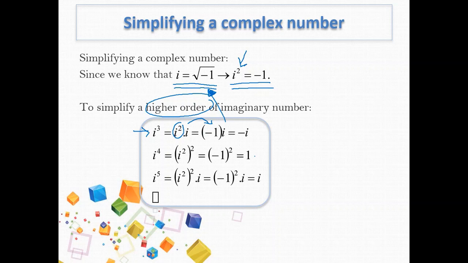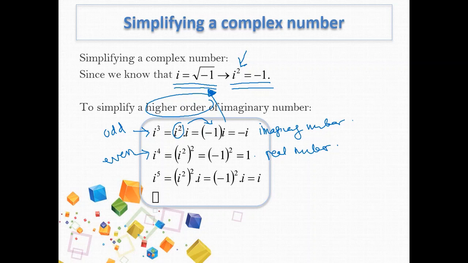Now, if you have i to the power of an odd number, it will give you an imaginary number. But if you have i to the power of an even number, it will give you a real number. If you don't believe me, look at i to the power of 5, where 5 is odd.